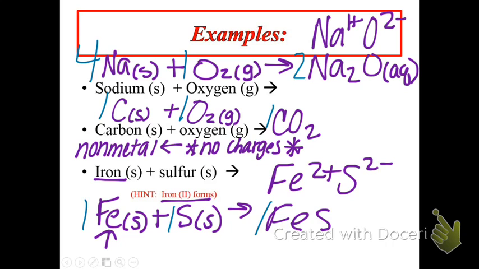Oh, and I didn't look up the solid, liquid, or gas for FeS. FeS would be, let's see, that's iron 2 sulfide, a solid. Okay? So there's your combination reactions or synthesis reactions.